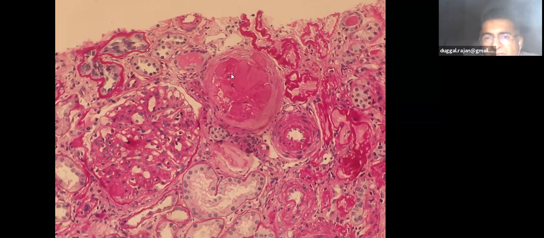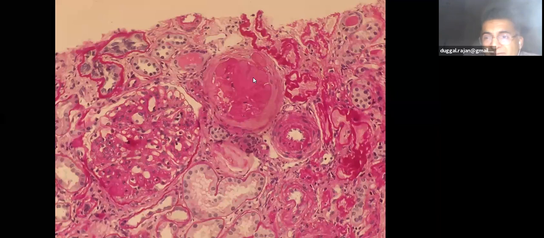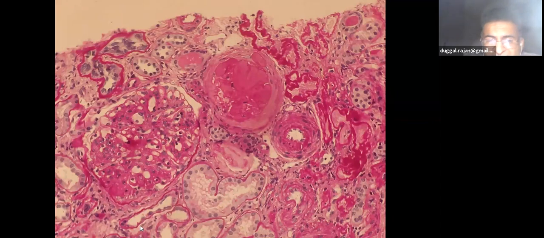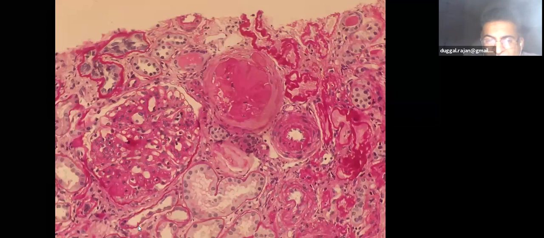But in a hyalinosis area, it may show a red color, some reddishness. That reddishness is not because of deposits. It is because non-specific plasma proteins get deposited and stain with Masson's trichrome. It is a difficult thing, so nobody is going to ask you fibrosis, sclerosis, and hyalinosis. But remember, when there is extensive hyalinosis, it is mostly seen with diabetes and hypertension.